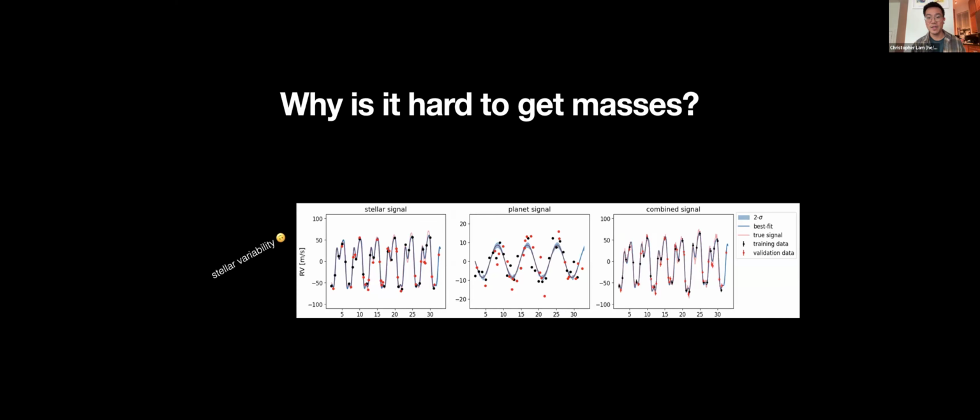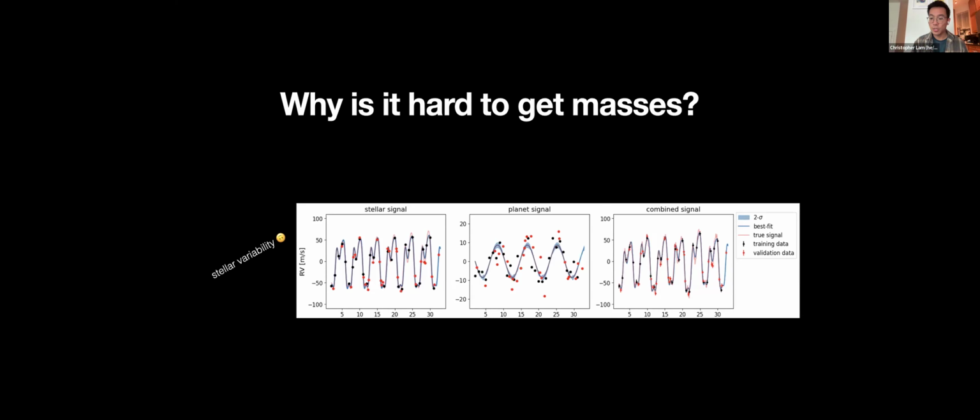You've got the planet signal at 5 times smaller than that. I've used the GP to simulate what a combined signal might look like. I've slapped on some white noise, and it's hard. I think everybody in the room knows that it's hard, but this illustrates exactly how hard it can be.